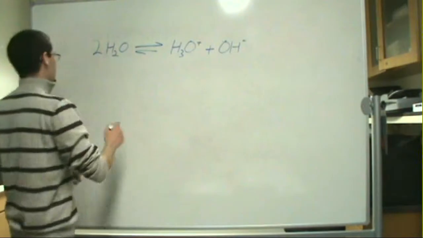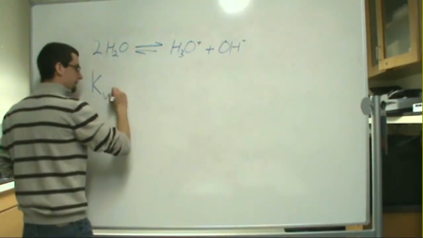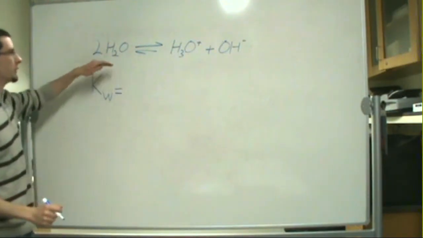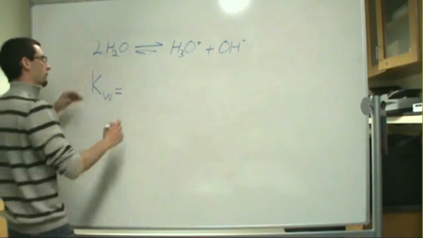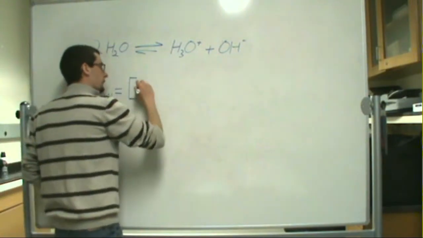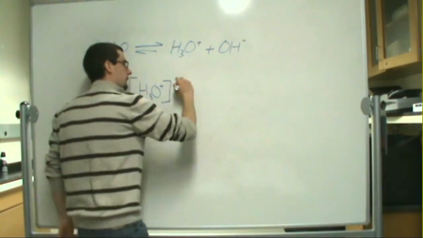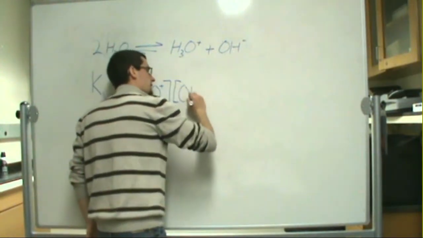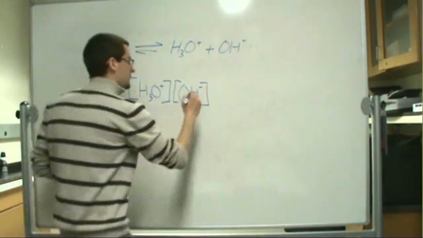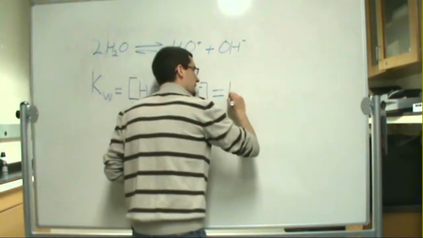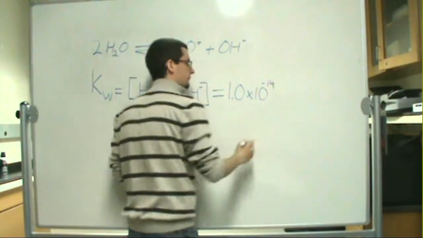If we were to write out the equilibrium constant for this, which is called Kw, since we exclude pure liquids and solids from the equilibrium constant, water isn't seen in the equilibrium expression. What we're left with is H3O+ times OH-. And at 25 degrees, this is equal to 1.0 times 10 to the minus 14th.